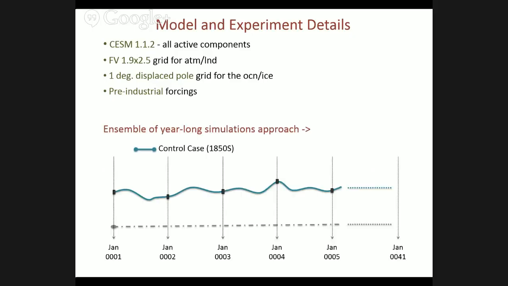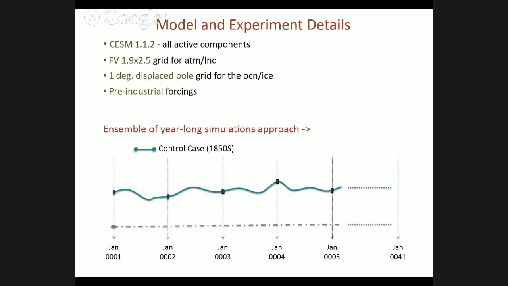This is an experimental detail. What you see here is a control run, and each January is marked in these boxes. What we do essentially is run one big control case for 40 years with pre-industrial forcing, so all the aerosol emissions are from 1850, and I call this 1850S.